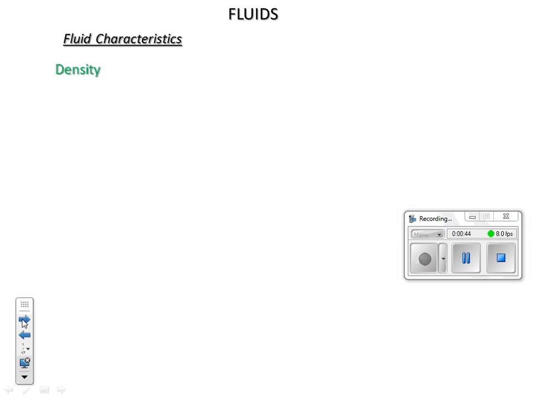One is its density. Now, before I even do this, I should say that fluids include liquids and gases. Gases are fluids. Fluid doesn't mean liquid. A fluid is something that can flow through an area.